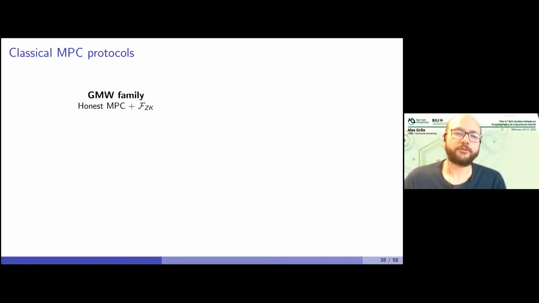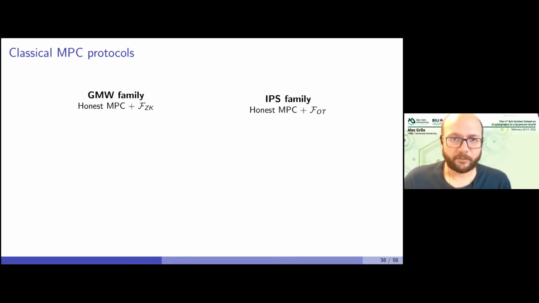For those who know what it is, this is zero-knowledge proof of knowledge. And the second family is called the IPS family, which bootstraps honest-majority multi-party computation, against malicious adversaries, but enhanced with oblivious transfer. I'll describe in more detail later what oblivious transfer is.